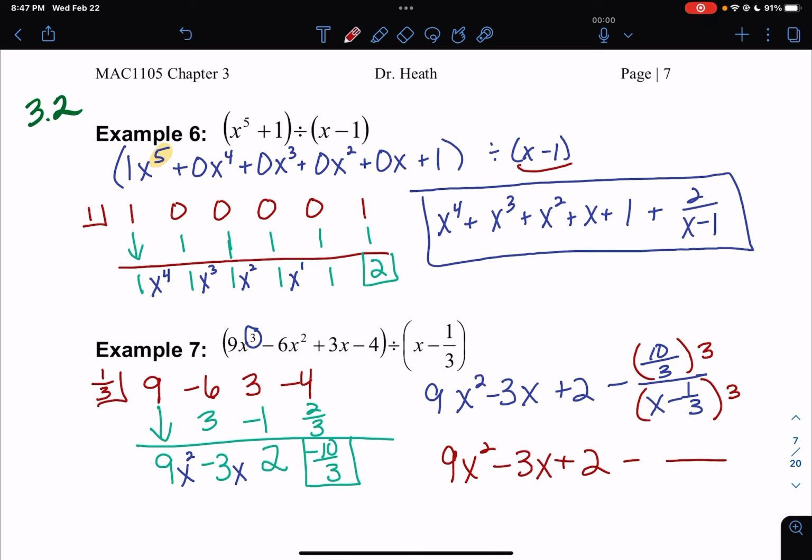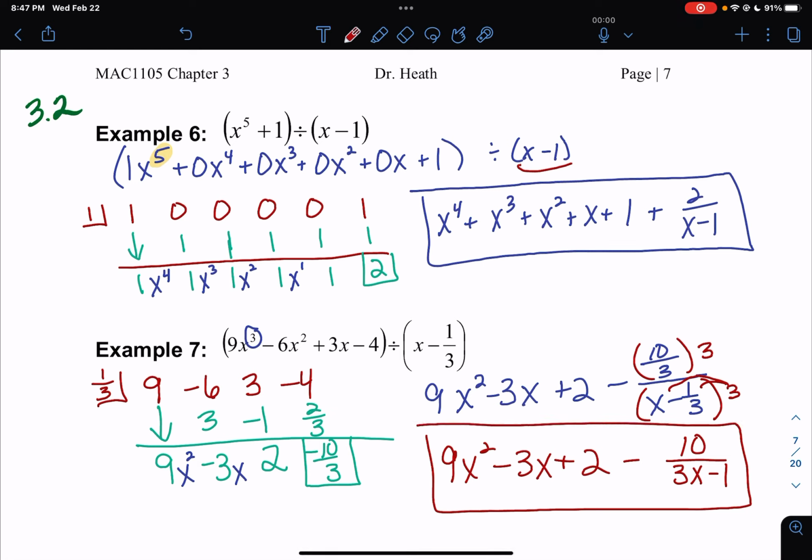The numerator of that fraction is 10/3 times 3, which simplifies to 10. And the denominator, we distribute that 3, and we get 3 times x minus 3 times 1/3, or 3x minus 1. That is our final answer for the synthetic division problem for example 7.